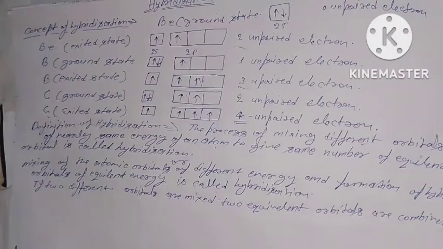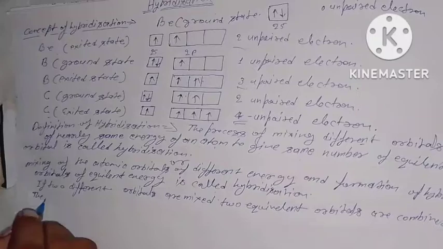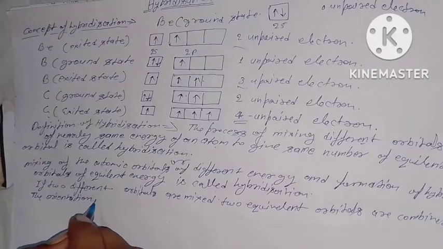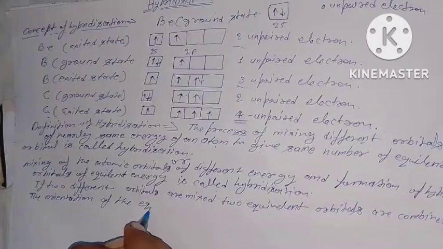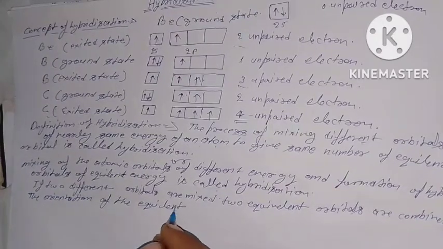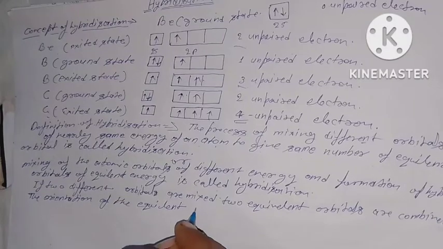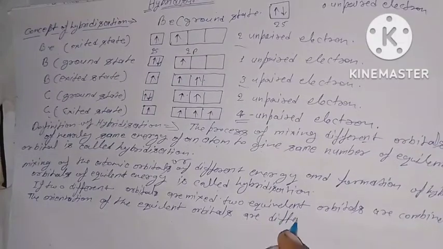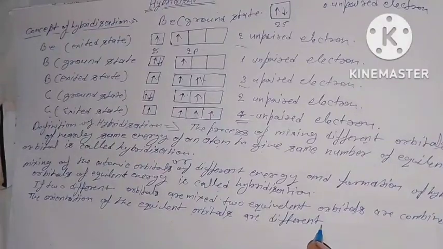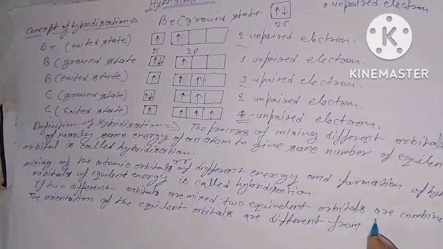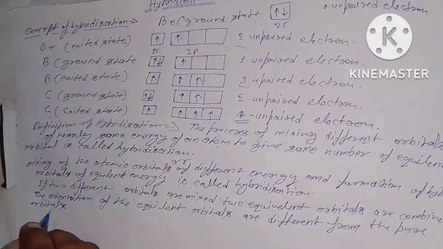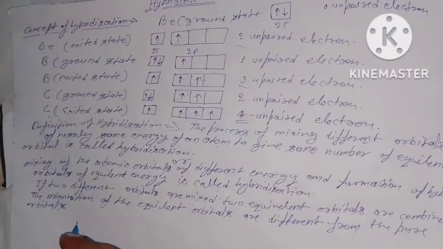The orientation of the equivalent orbitals is different from the pure orbitals.